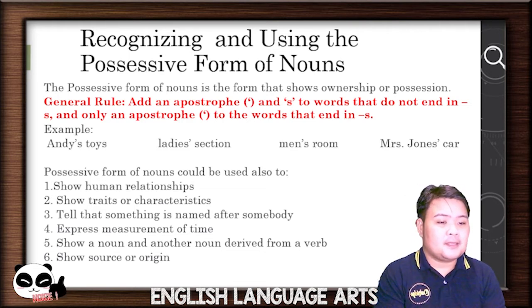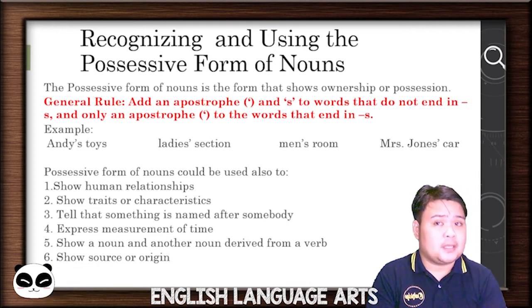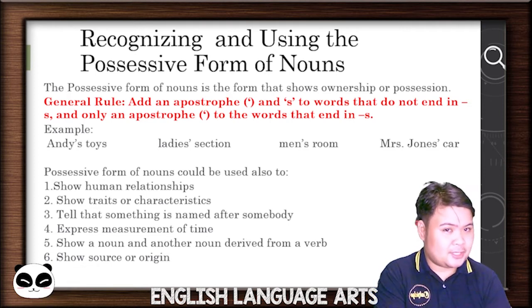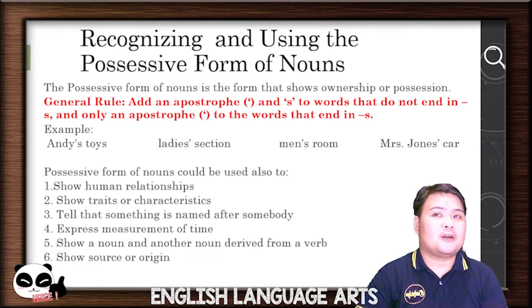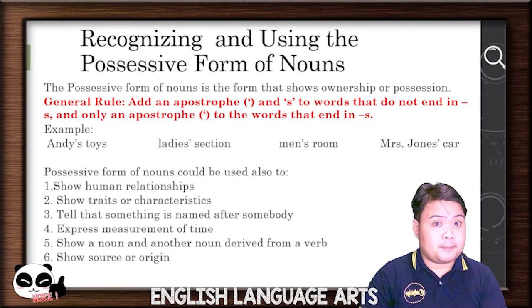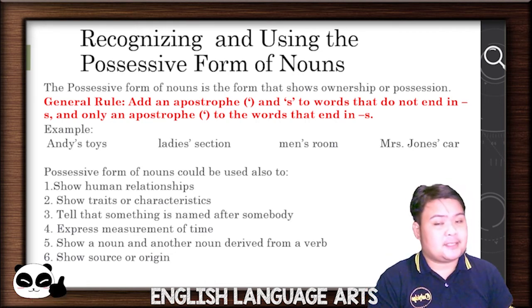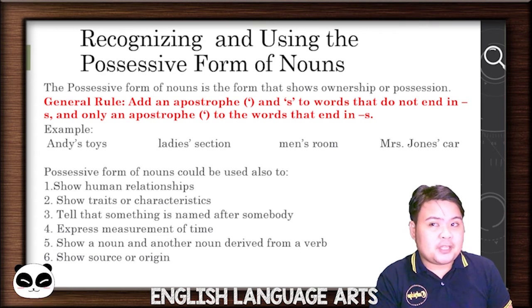Okay? Three, to tell that something is named after somebody or something. Take, for example, St. Patrick's Cathedral, right? Or probably you would name a certain bridge or a certain building after a certain person. Yes? So St. Peter's Church.